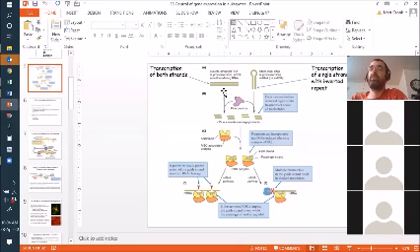This one gets chopped up into smaller pieces. Then once that goes into the RISC complex, one of those strands gets destroyed. So the mechanism by which they're processed is by and large the same. I don't think there are any big differences between them. The starting material is obviously different, but I don't think that necessarily has a huge say in their function.